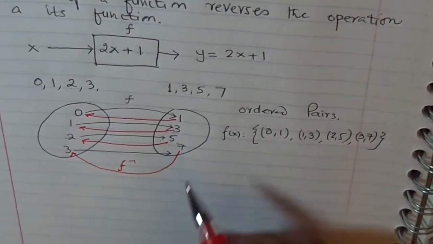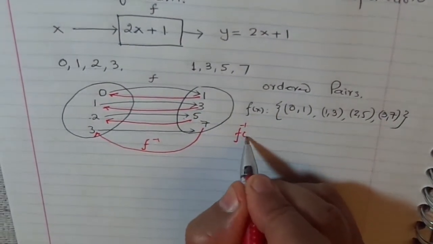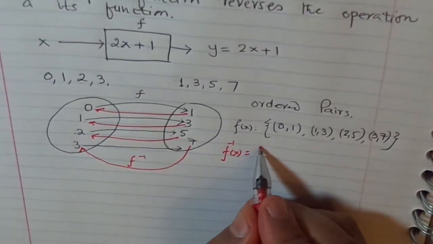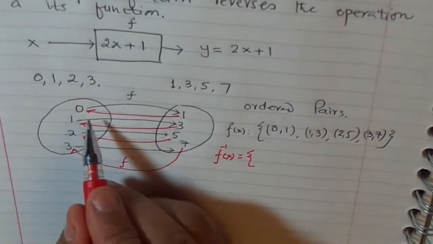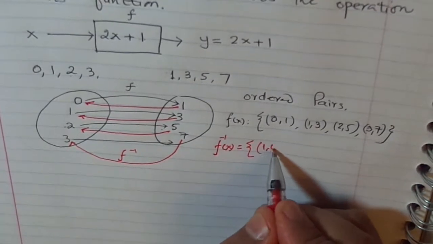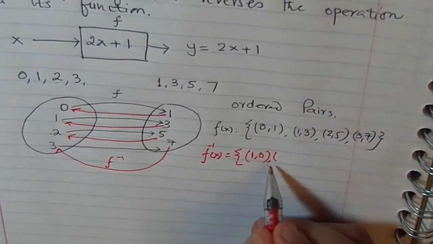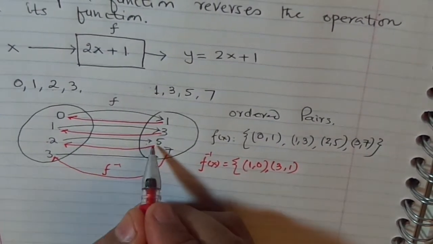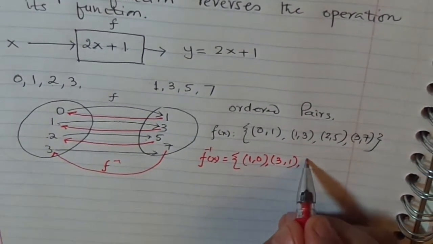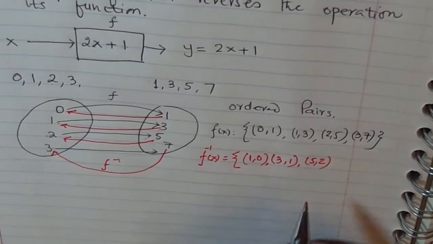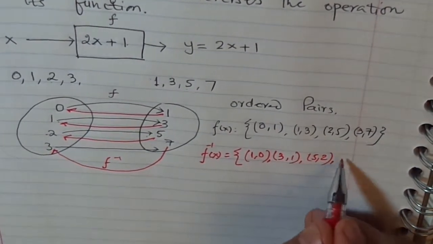And the inverse of this is 1 to 0, 3 to 1, 5 to 2, and 7 to 3.